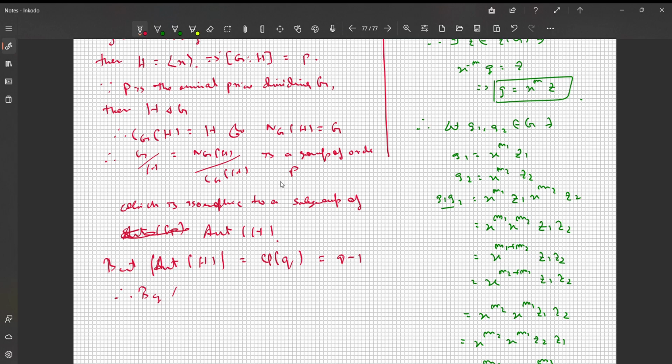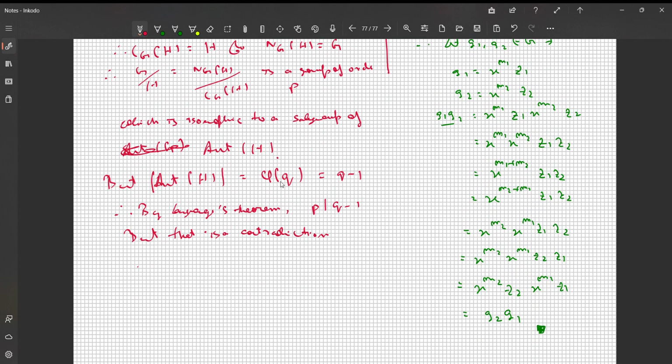Therefore, by Lagrange's theorem, P must divide Q minus 1, but that's a contradiction because we are told that P does not divide Q minus 1. So if it's a contradiction, then that means that the order of G mod Z(G) is greater than 1, but that means that G mod Z(G) is cyclic. That means G is abelian. Clear?